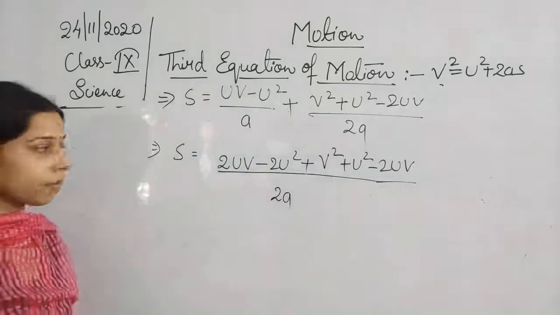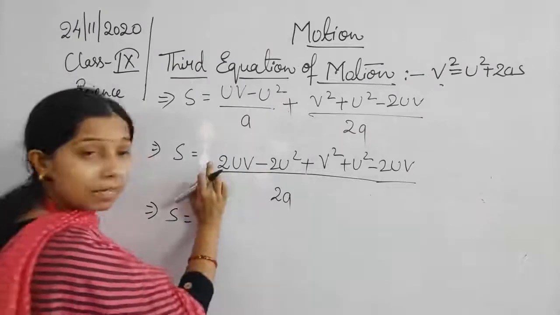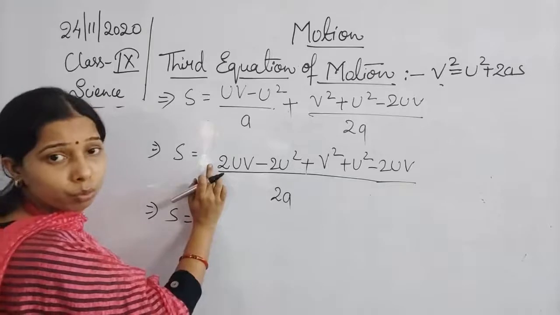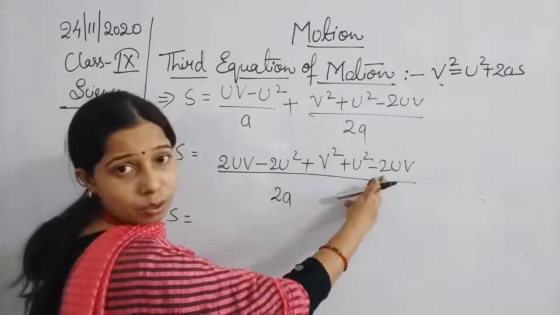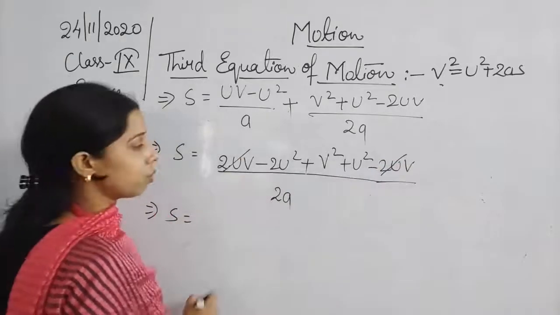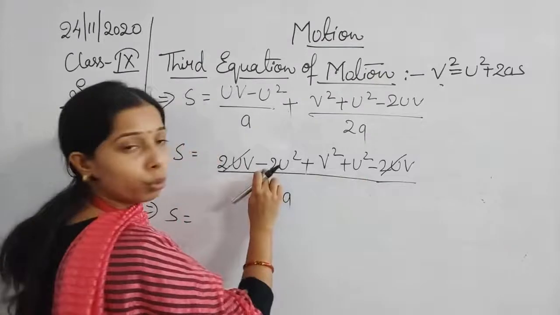Right? Now see here what happened. 2UV plus 2UV, because there is no minus written, so it is plus 2UV, and this minus 2UV, they will cancel each other. Okay, so it will become 0. Now this V square plus U square minus 2U square.